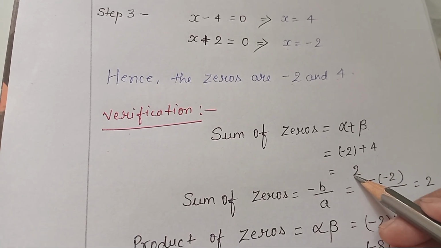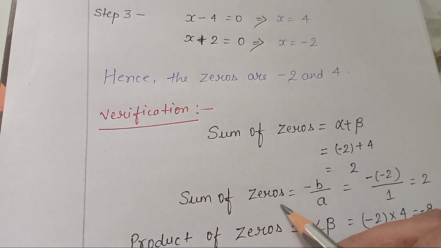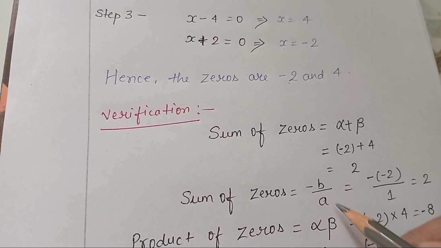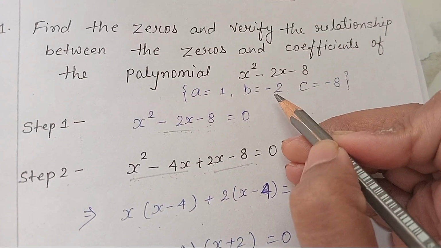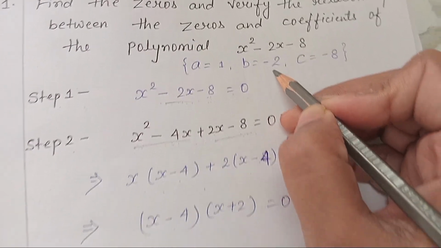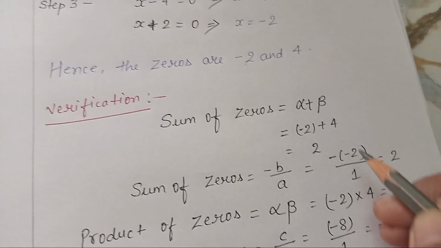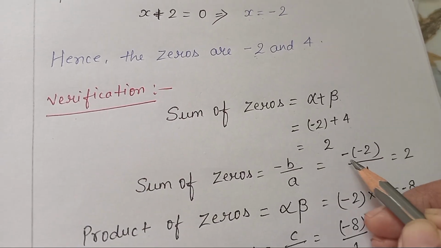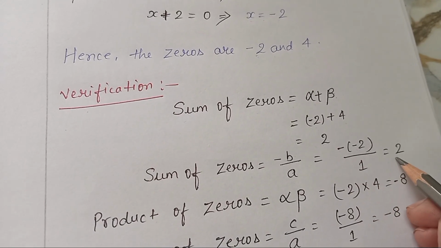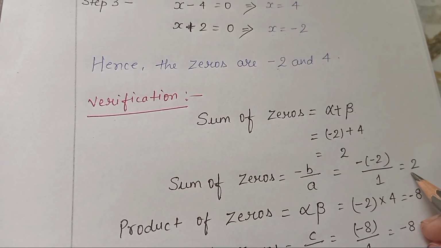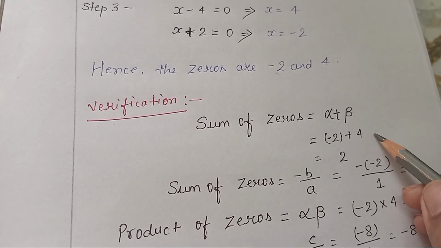And according to the formula, sum of zeros is equal to minus b upon a. The value of b is minus 2. So here you can put minus 2. Minus into minus 2 becomes a positive 2. So both are equal.